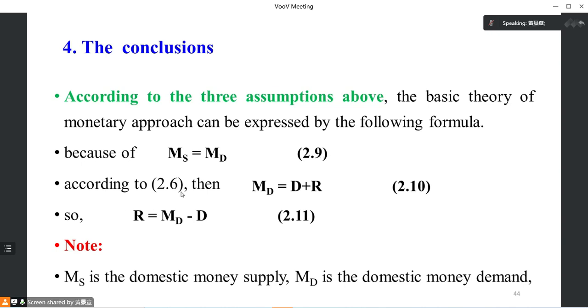According to 2.6, MD equals D plus I. So I equals MD minus D, 2.11. Note, MS is the domestic money supply. MD is the domestic money demand.